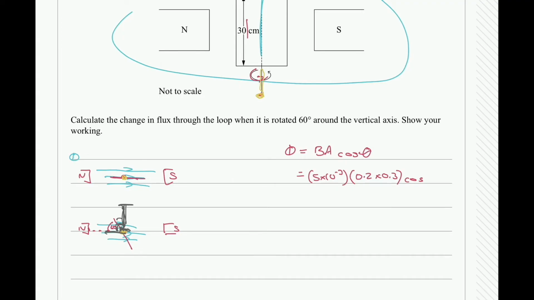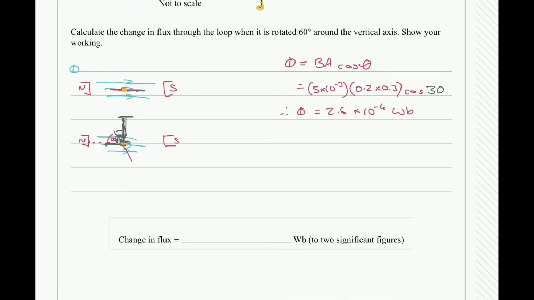So 90 minus 60 is going to be 30 degrees here. You could use sine 60, but let's stick to using the cos theta formula, which is the one you're given in your formula book. So from there, we end up getting magnetic flux is equal to 2.6 times 10 to the negative 4 Wb. And so our answer is going to be 2.6 times 10 to the negative 4 Wb.